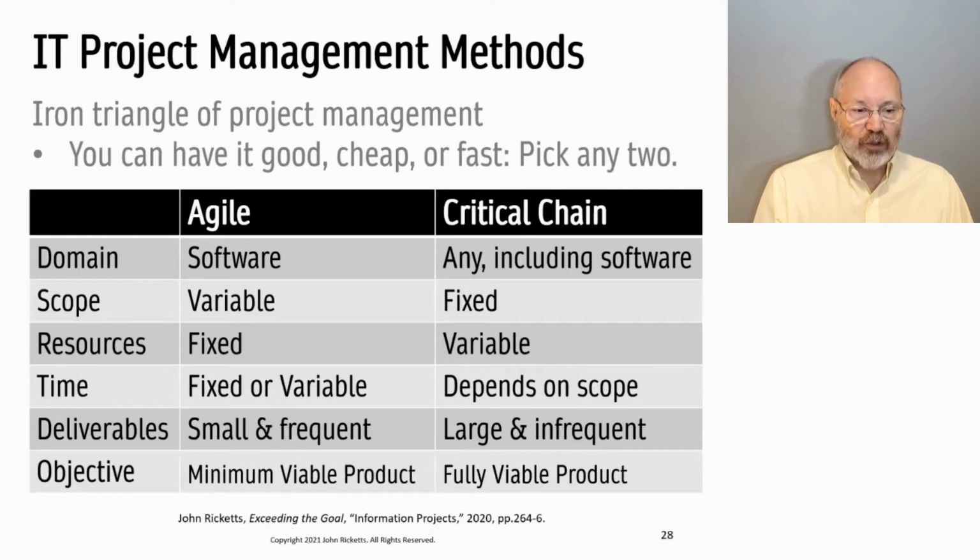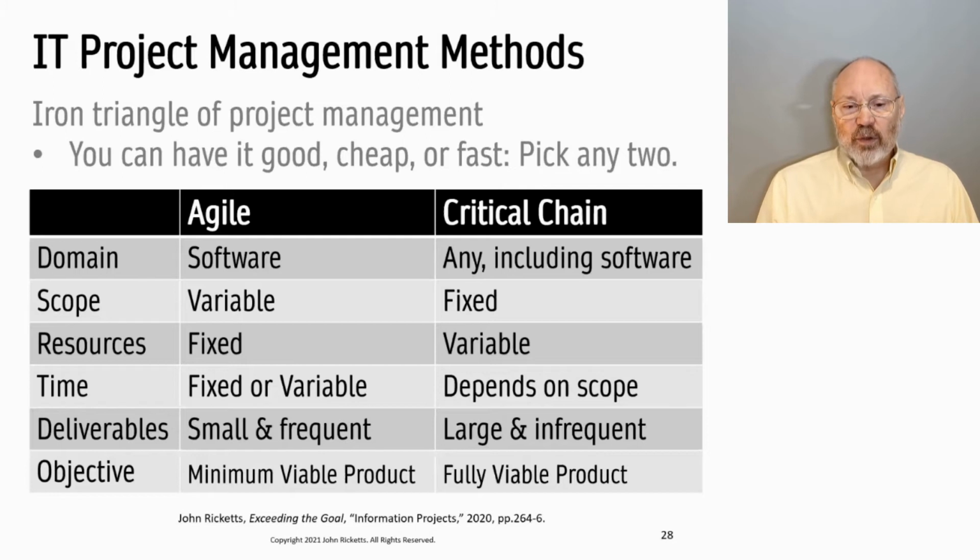In other words, the variable scope. But the resources tend to be fixed. If it's a 3-person team for sprint 1, it tends to be that same 3-person team for sprint 2, 3, 4, and so forth. So the resources over time tend to be fixed in number.